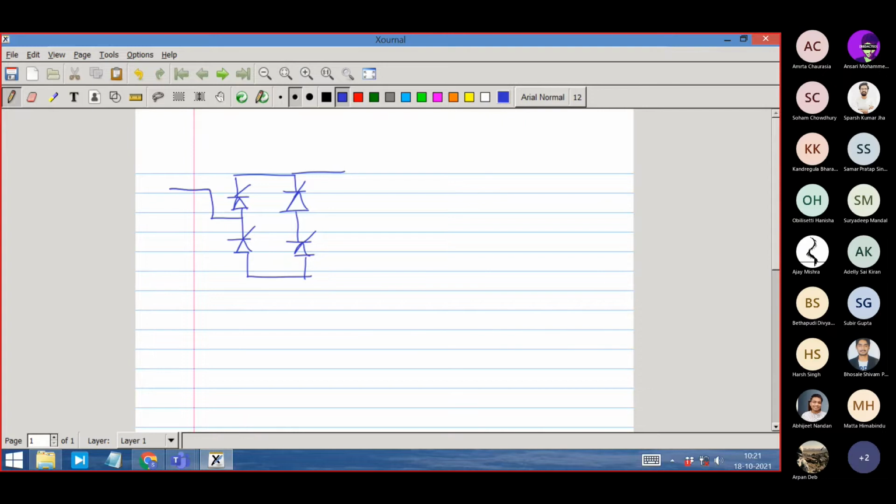So this is a thyristor converter, and the naming convention is the same: TH1, TH3, TH2, TH4, and this is a load. Let us come back to our general load structure. It has a voltage VD, an inductor L, and a resistance R.